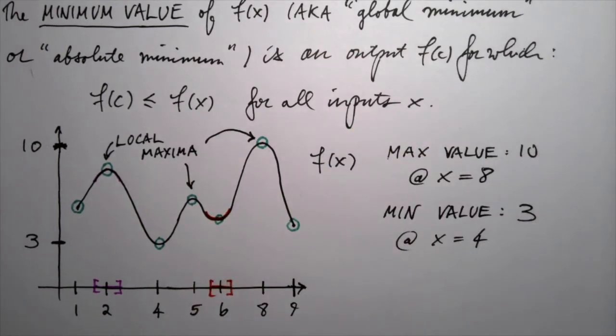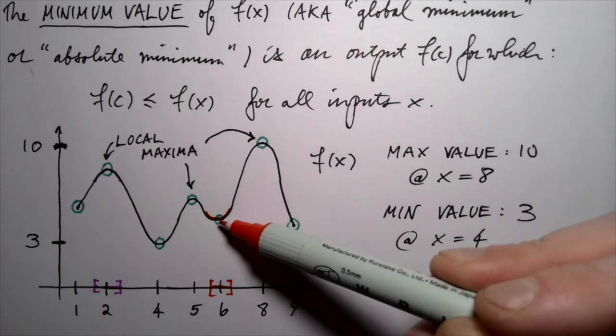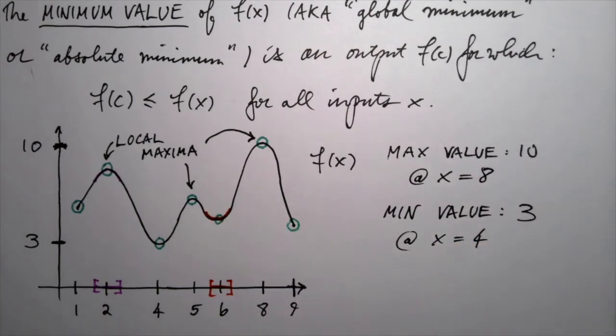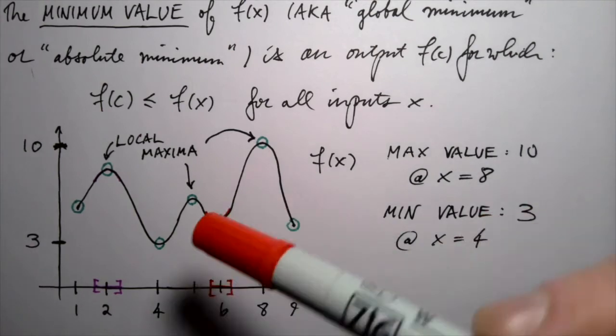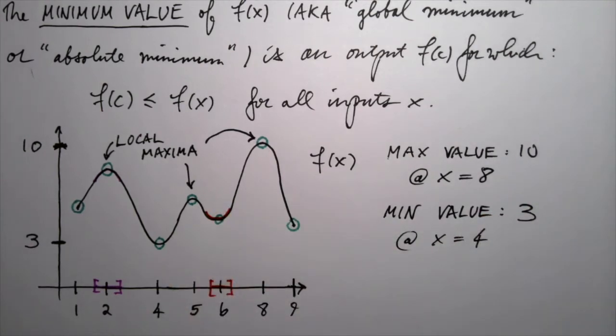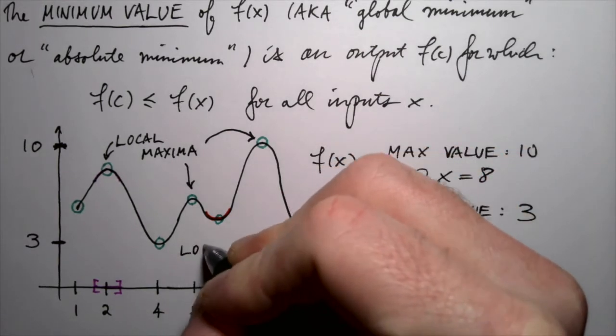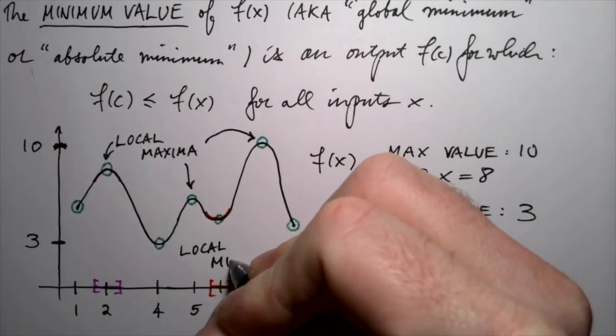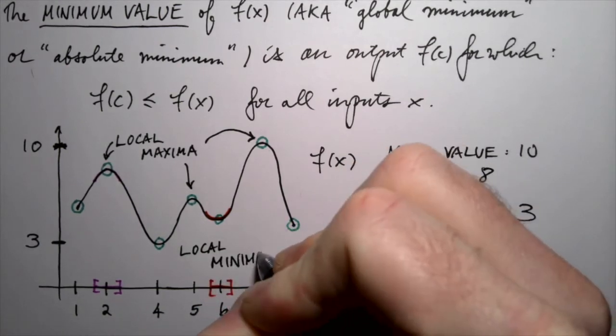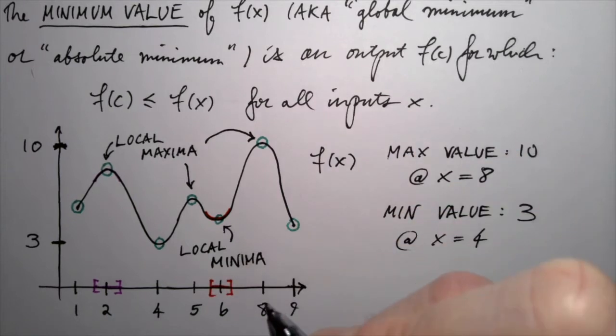For those red points on the graph, this little dip here, the bottom of the valley, is the smallest thing around. That f of c is less than or equal to f of x for all x in the red interval. So that's a local minimum. What are all the local minima on this graph? Well, there's that one we just found.